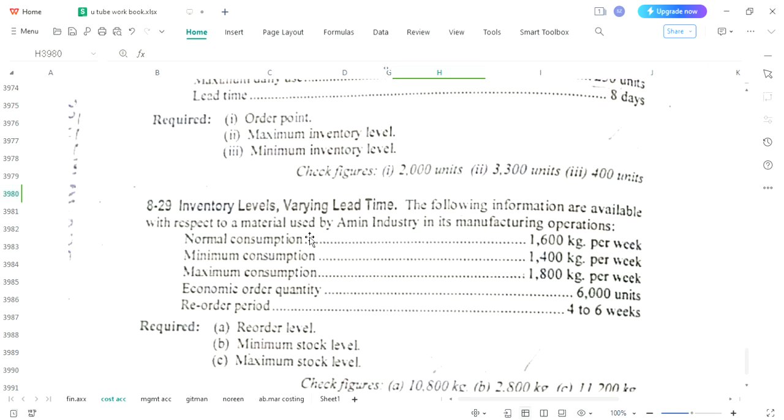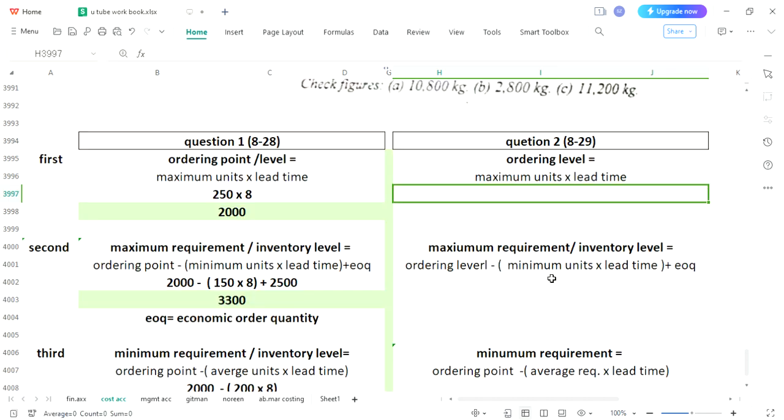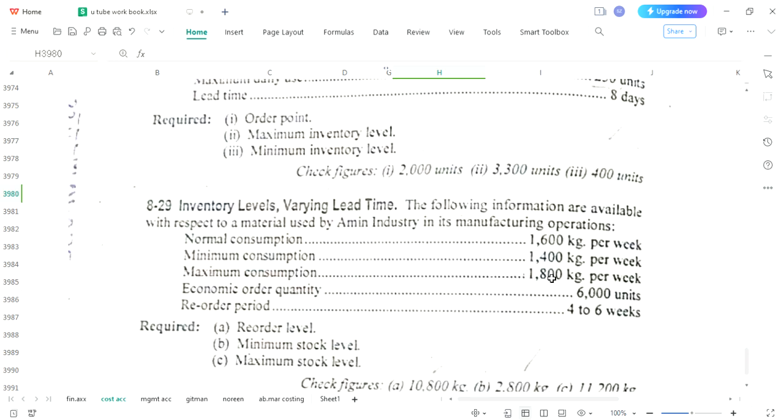number of units. Here you can see maximum consumption or maximum number of units are given as 1800. So put 1800 over here, then sign of multiplication and lead time. So good thing is we have two lead times, reorder period or time. And secondly, you can see your time is in weeks, and all requirements given over here is also per week.